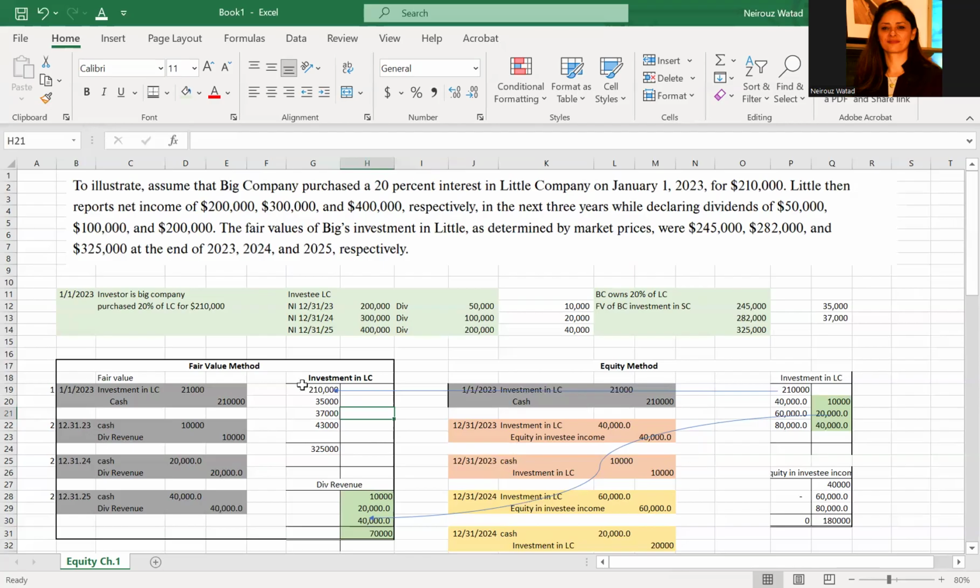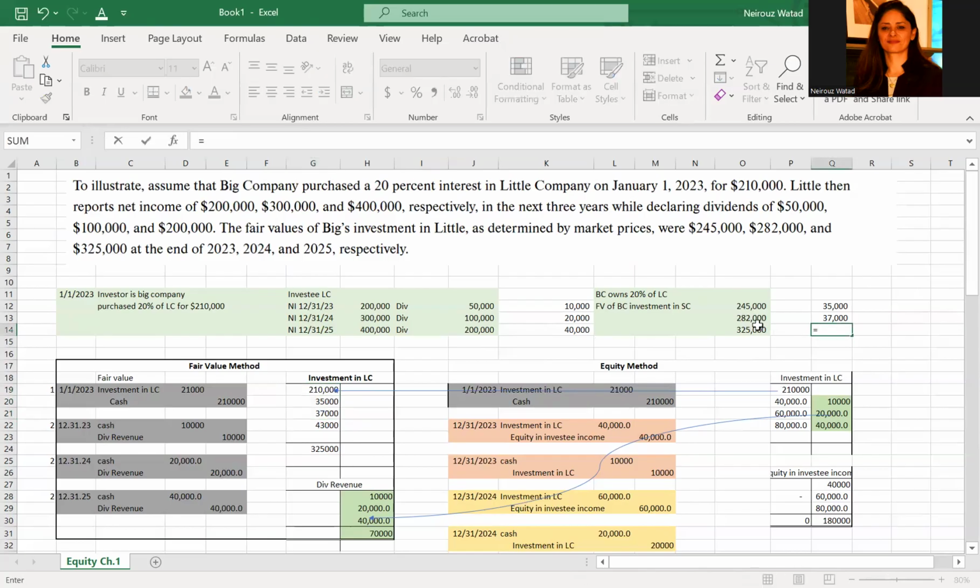Now we have 282,000 in the investment in LC, but at the end of 25, the market price of these BIG shares went up to 325,000.